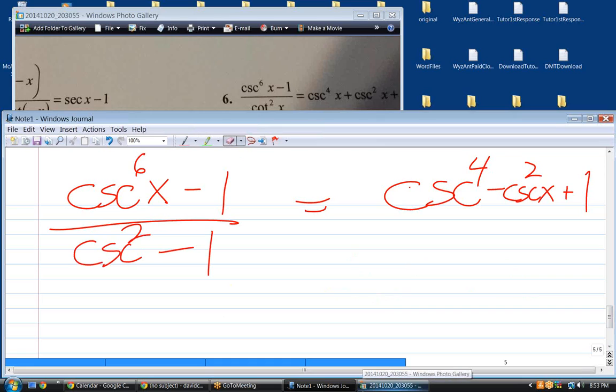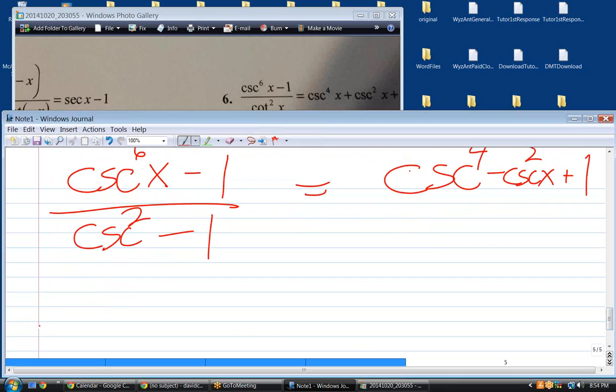Now, we got everything in cosecant, but we're nowhere near this. Let's try factoring that as the difference of perfect squares.